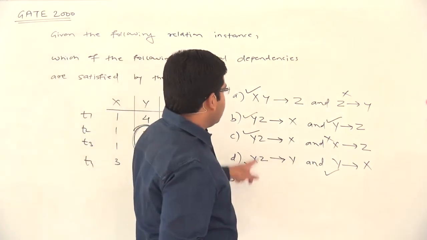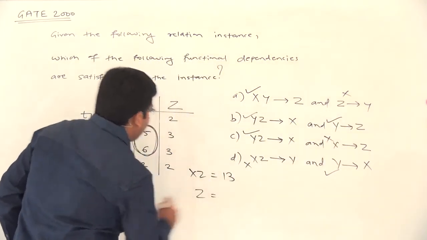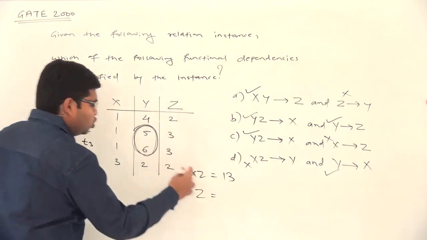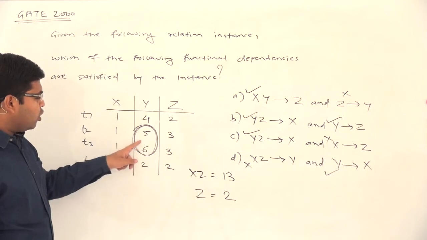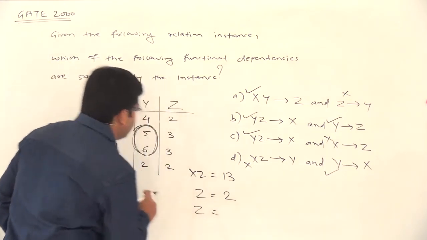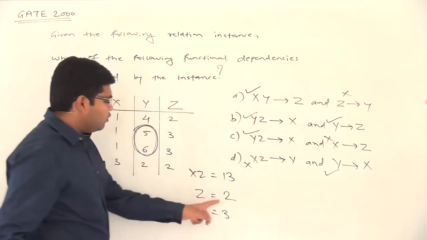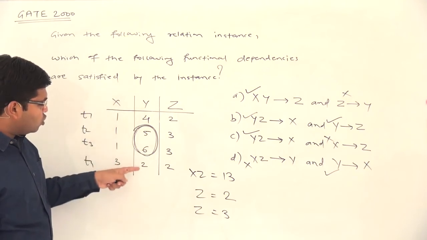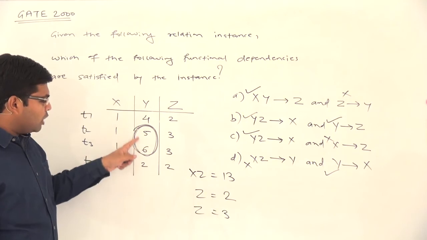Similarly, in the FD Z gives Y, if I give you Z equal to 2, then you cannot uniquely determine the value of Y, because Y can be either 4 or 2, and when Z equals 3, Y can be either 5 or 6.